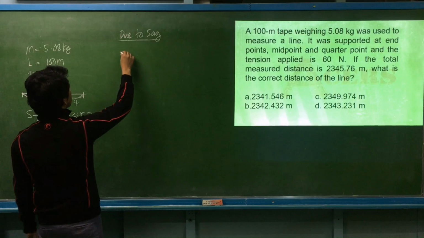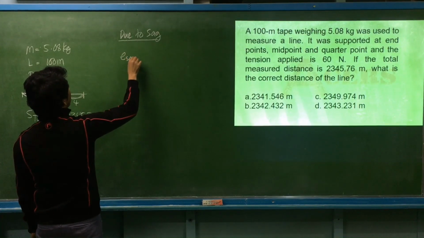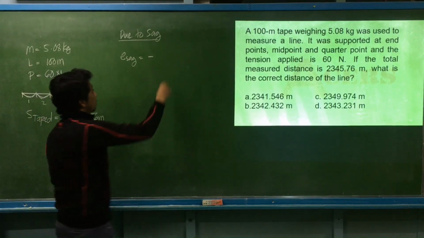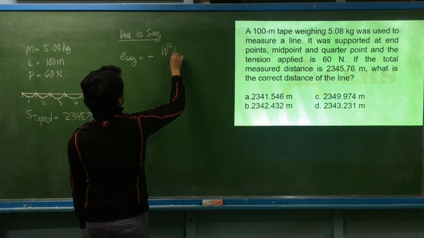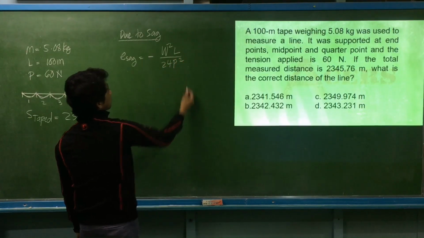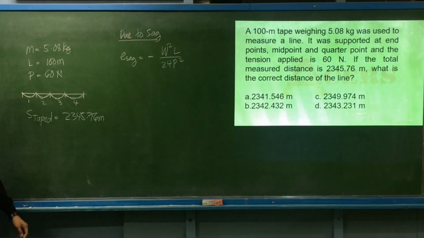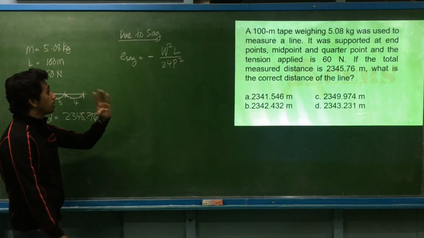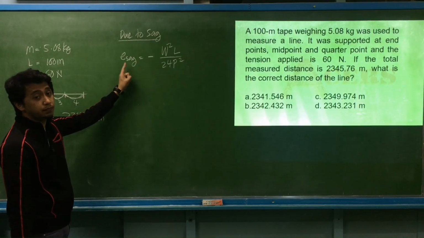So this is error due to sag. When we have the error due to sag is automatically negative siya. That is equal to the weight squared L, or the length of the tape, divided by 24 times the tension squared. Pero kailangan nyo lang i-observe dito, mapapansin ninyo, yung tape will be divided into 4 subs. So, kailangan lang natin i-apply yun dito.